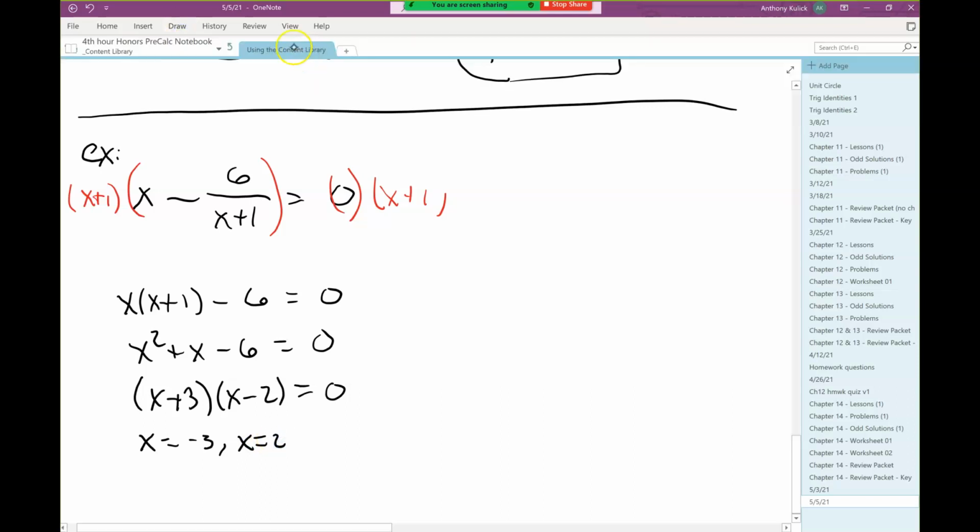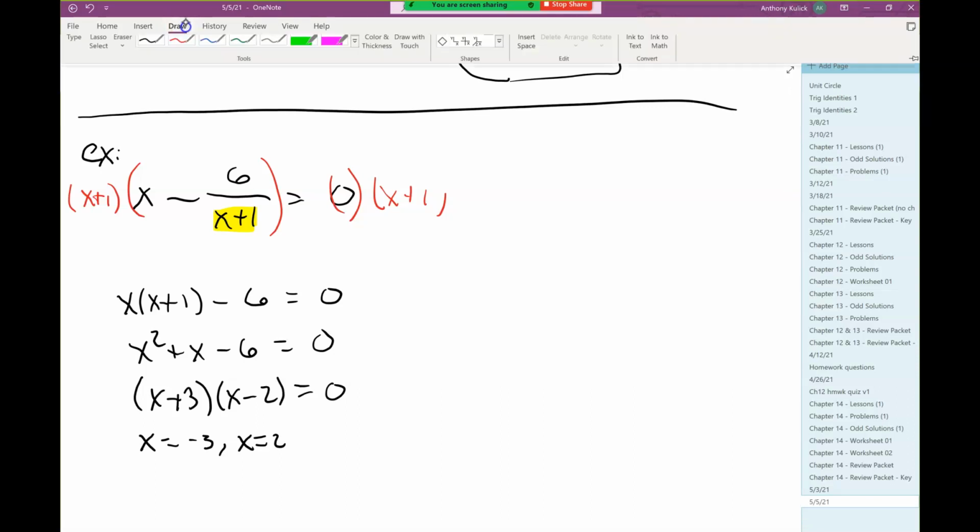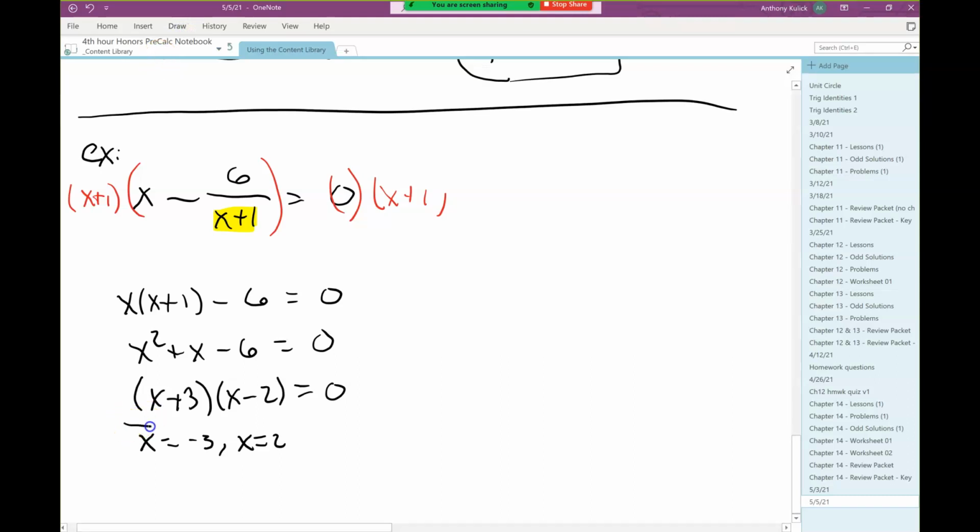Again, there's only one denominator that I need to check them in, and if I plug -3 in for x, I get -2. That's not 0, so it's fine. If I plug +2 in for x, I get 3. That's not 0, so that's fine. So this one has two solutions as well. Everybody good with that one?